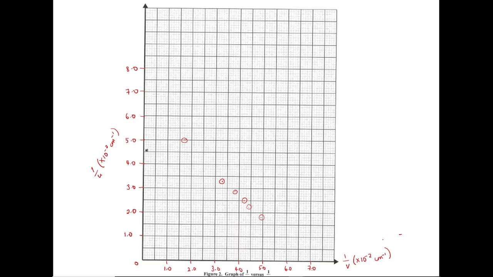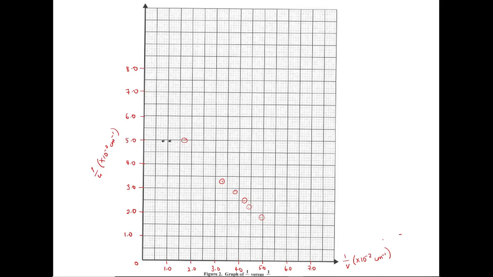And so to plot, you just look at whatever this is. When 1 over u is 5, the figure for 1 over v is 1.7.